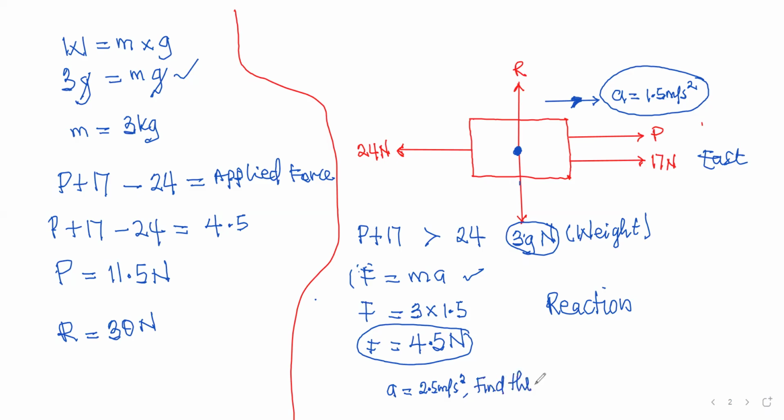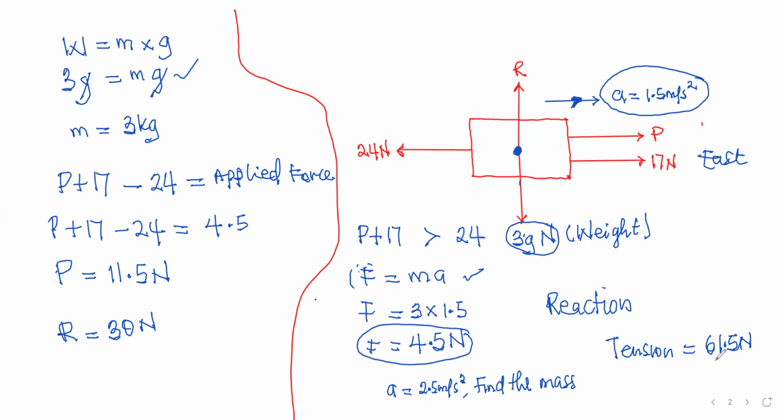Say please the question. The tension in a rope being used to raise an object is 61.5 Newton.